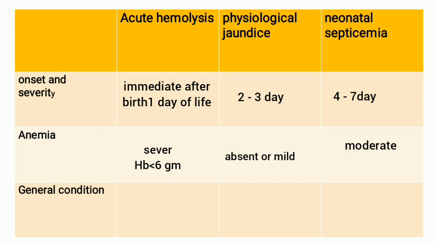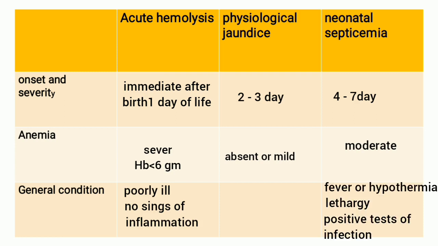The general condition of the newborn in acute hemolysis is very poor, as in neonatal septicemia, where the patient is feverish or hypothermic, lethargic, with poor suckling power. We can differentiate between them from the laboratory investigations such as WBC count, hemoglobin levels, and conjugated or unconjugated hyperbilirubinemia.